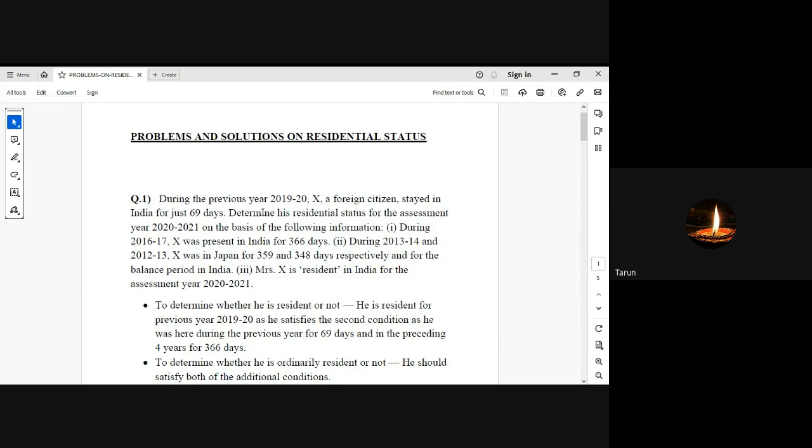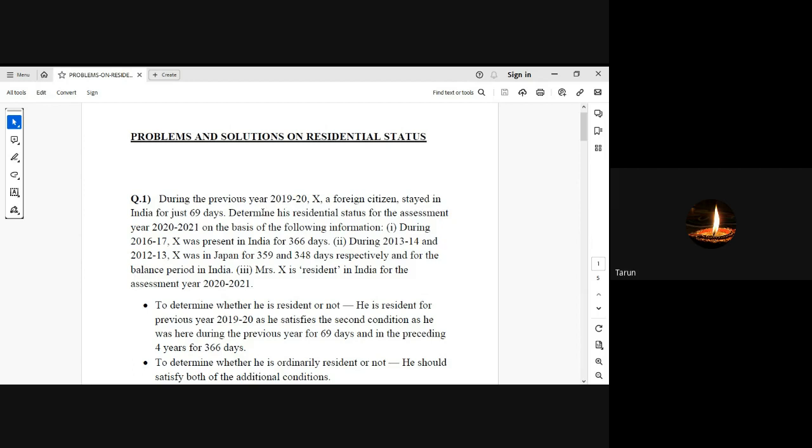Now we have to see whether X has also fulfilled the plus more than 365 days during the four preceding previous years or not. If X has satisfied this point as well, he becomes a resident of India.